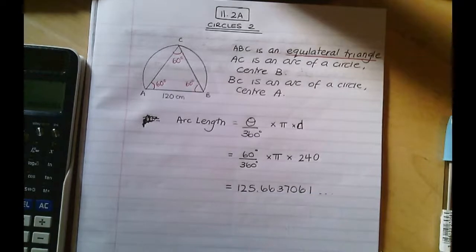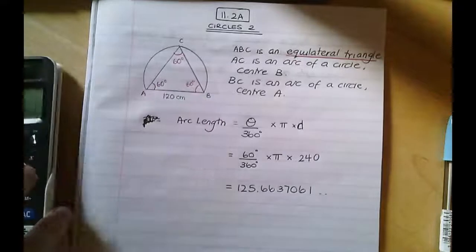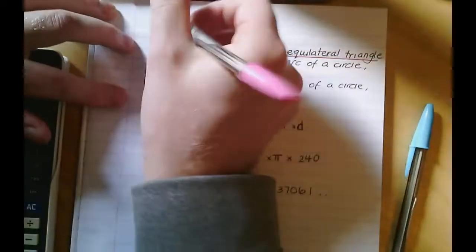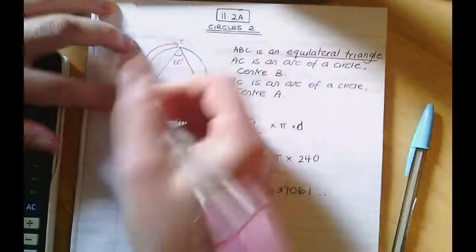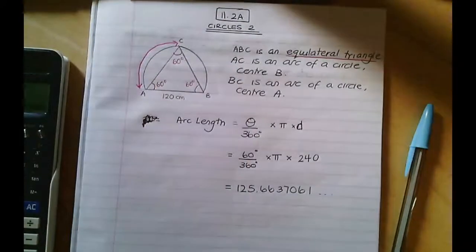But that's everything that appears on my calculator. So what I've just worked out is that this length here, from A all the way around to C, is 125.66 and so on.